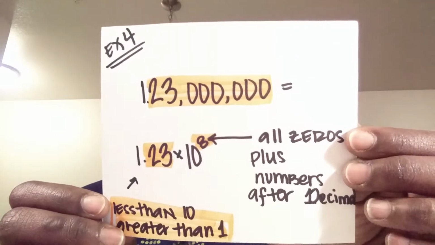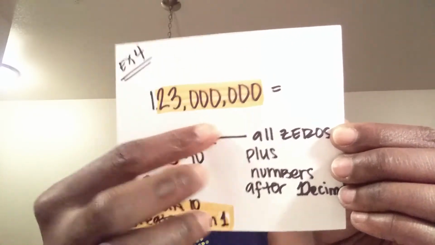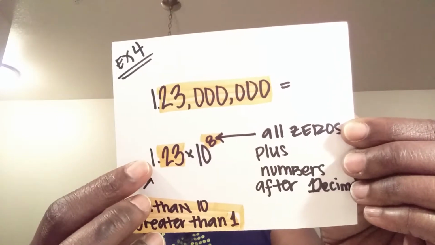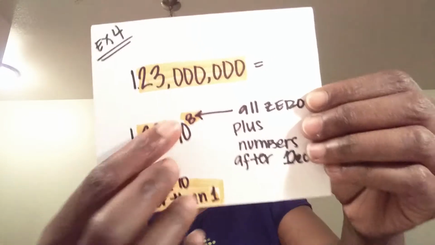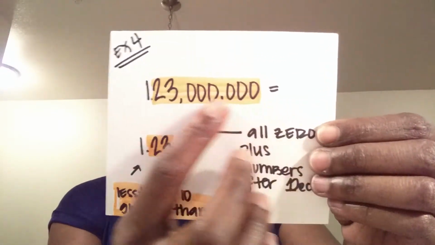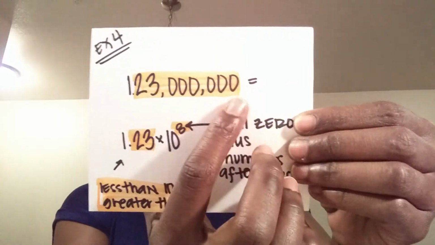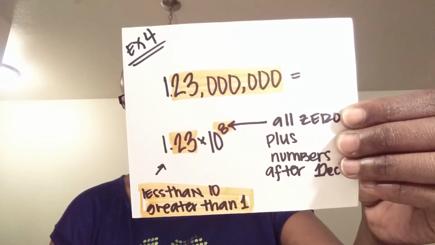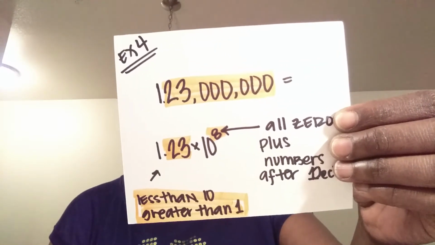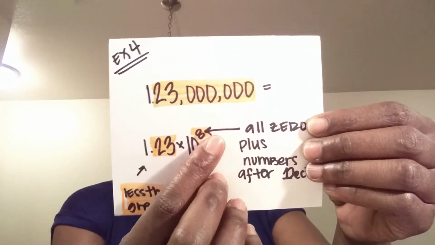And I'll show you this last example. 123 million would equal 1.23 times 10 to the 8th. 6 zeros, 7 places after the decimal point. Or 8 places, I'm sorry.